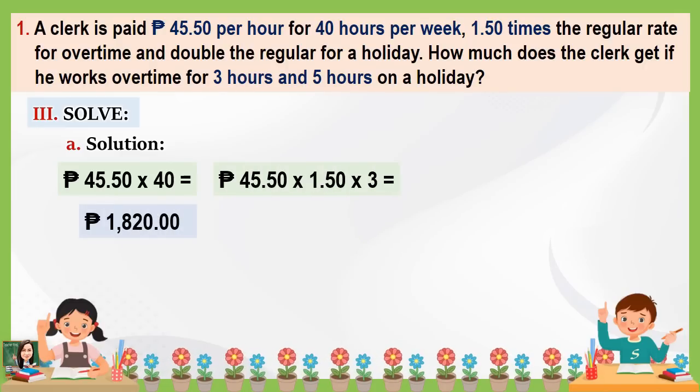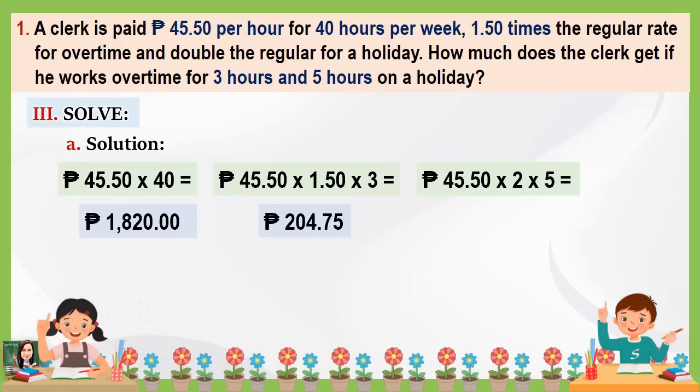Next, 45 pesos and 50 centavos times 1 and 50 hundredths times 3 equals 204 pesos and 75 centavos. This is the overtime pay. And 45 pesos and 50 centavos times 2 times 5 equals 455 pesos. This is the holiday pay.